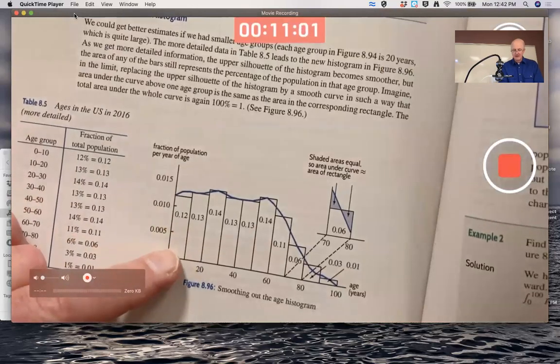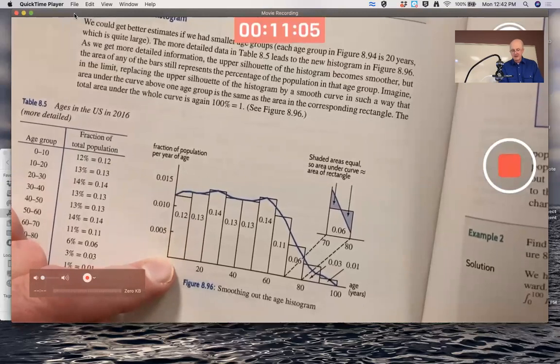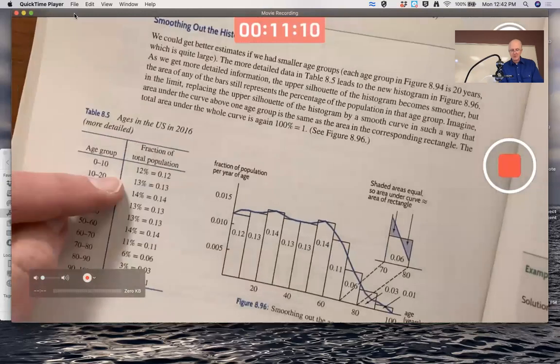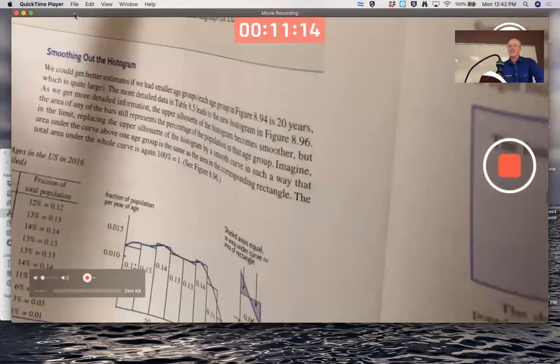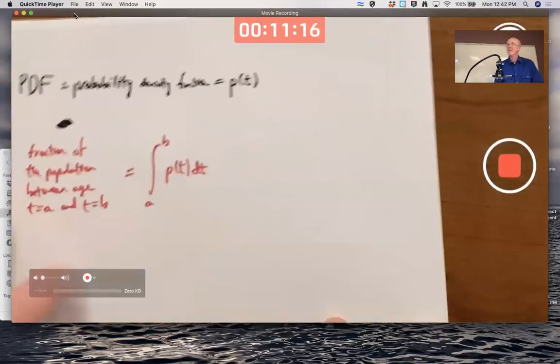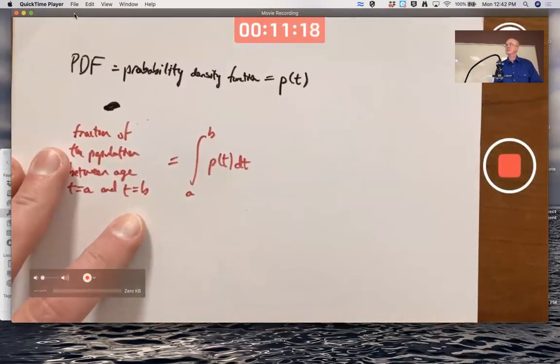For example, the area of this first bar here being 0.12 means about 12% of the population is between the age of 0 and 10, just like you see in the table, about 12%. The area is the answer. That's why we integrate. The area is the answer.